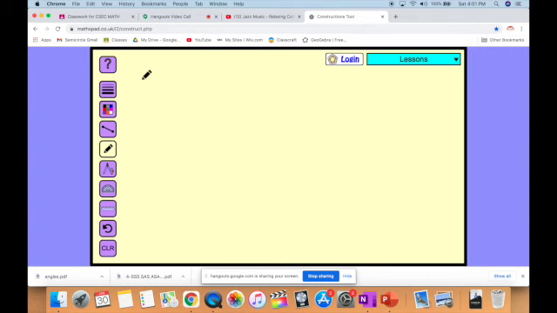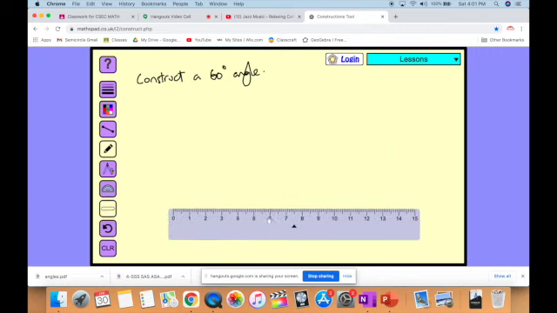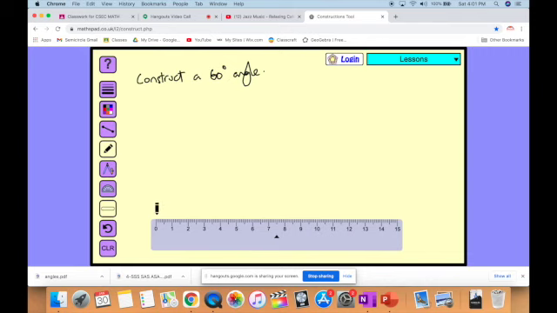So we are going to construct a 60-degree angle. To construct a 60-degree angle, I'm going to draw a line. I didn't say construct a line, I'm just going to draw a line.